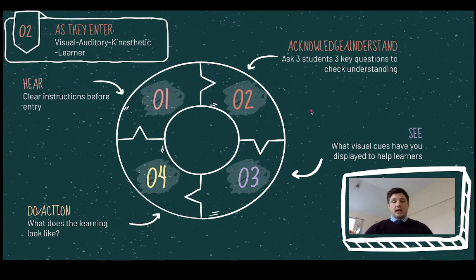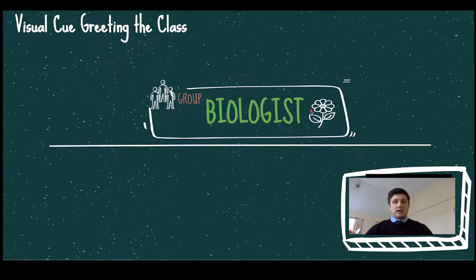And then once they're in the classroom, I have a slide. Now, I'm going to show this to you in phases, because it looks overwhelming when you see it all at once, but you drip feed this to the students as you build their routine over the first couple of lessons. So the first thing I have is I work with groups mostly in my lessons, and those groups are all different types of groups that I'll go into in a different video, but the biologists group, they need to be sat in their biologist group.